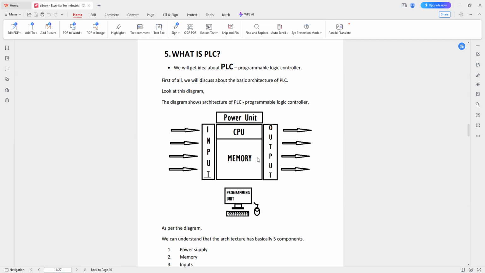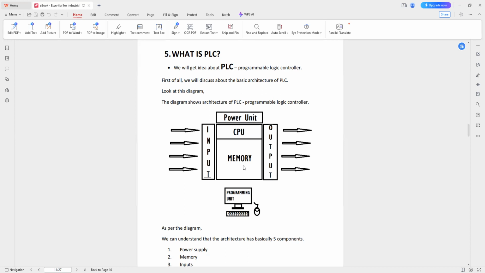So that's why memory is important. Whenever I say CPU or PLC, both can be the same. PLC has memory, and your program can be downloaded into that memory so that the PLC can work, otherwise not.